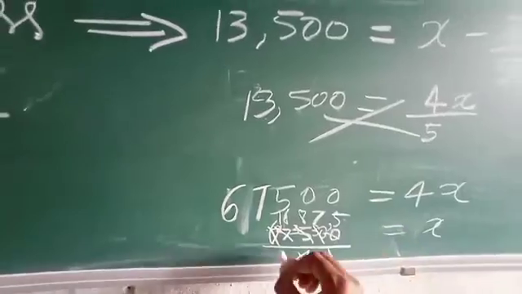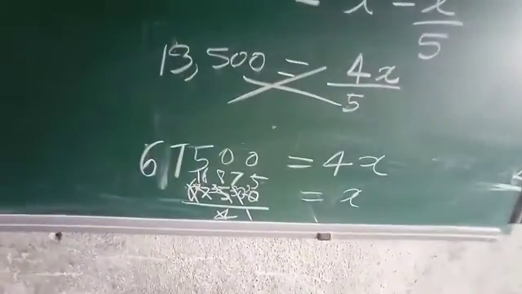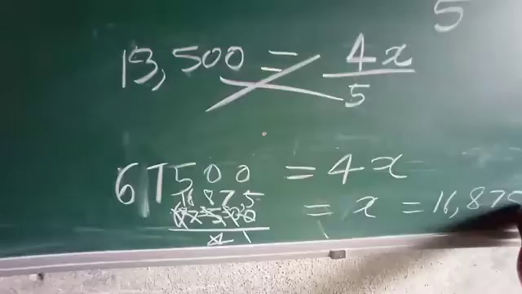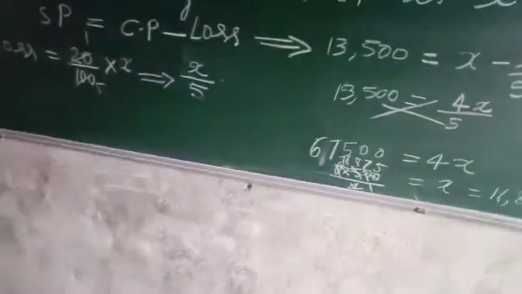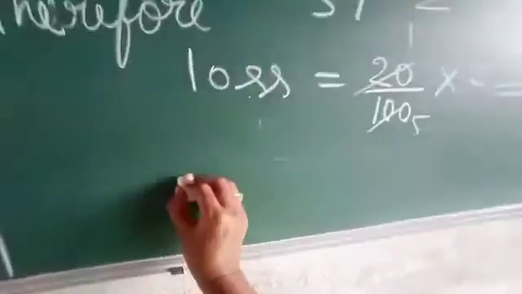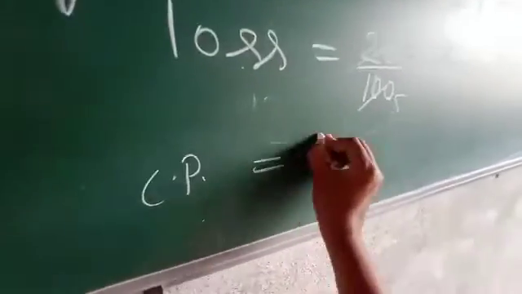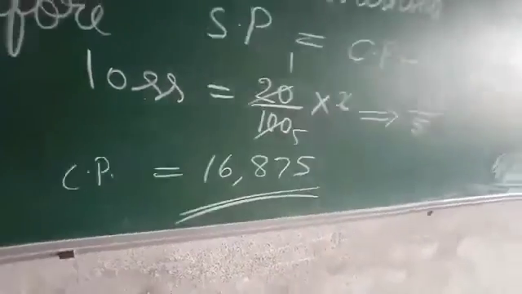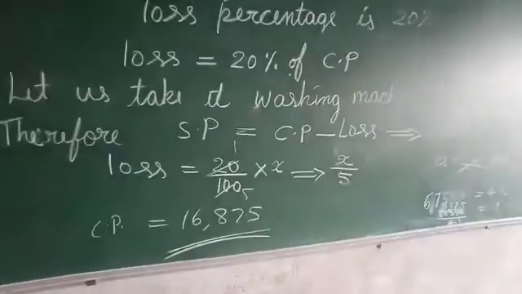So 16,875 you have got. 16,875 is the cost price. Hope you got that. Cost price is equal to 16,875. Hope you understood how to do this.